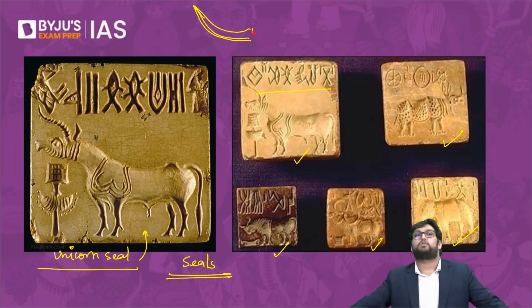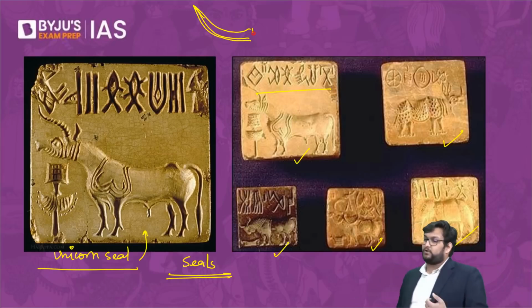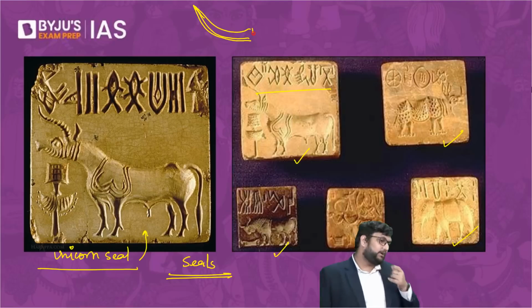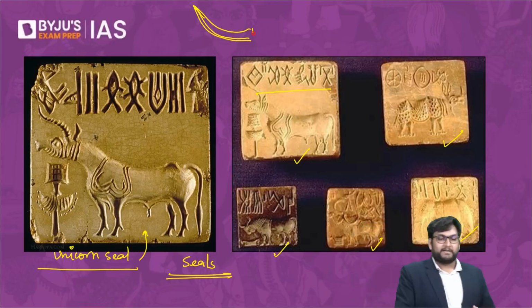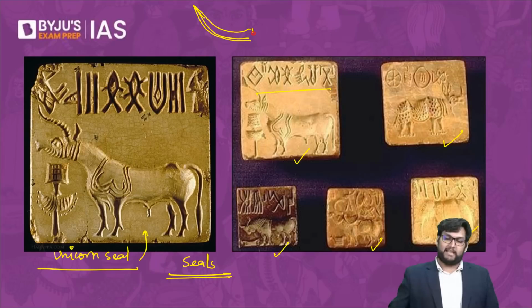But basically unicorns don't exist. So it's a standard thing which they've done, and the British do it. They misinterpret quite a lot. This is John Marshall's childhood in front of you in that regard. But seals are again made out of what is called steatite. It's hard, but also it is soft enough to put in these basic engravings into it.